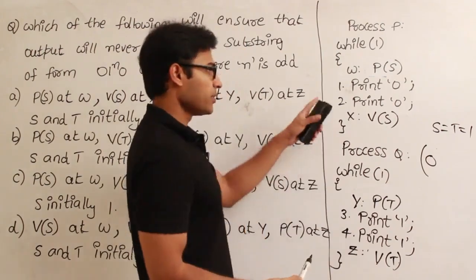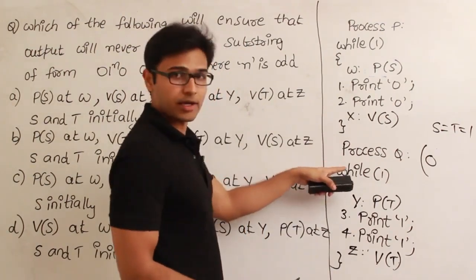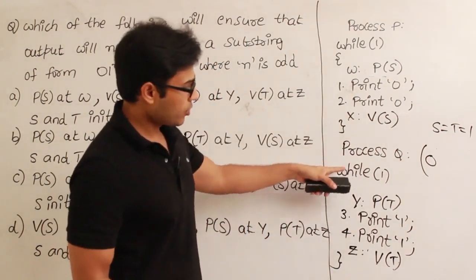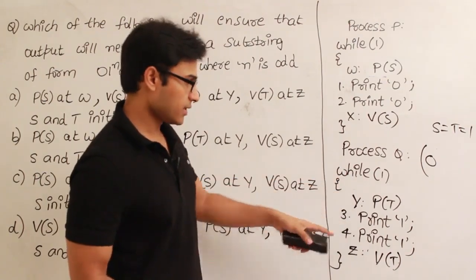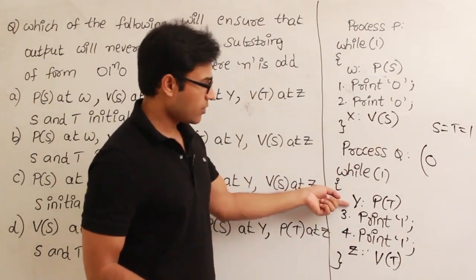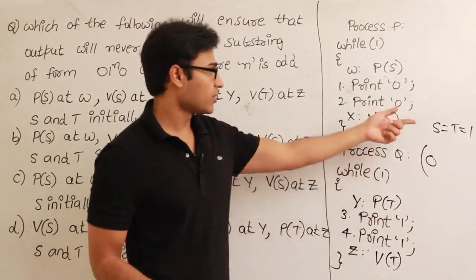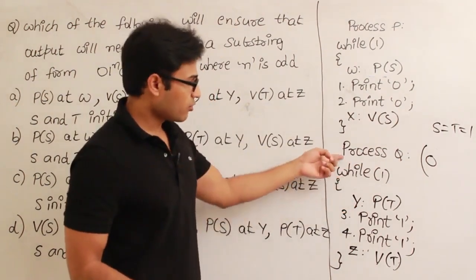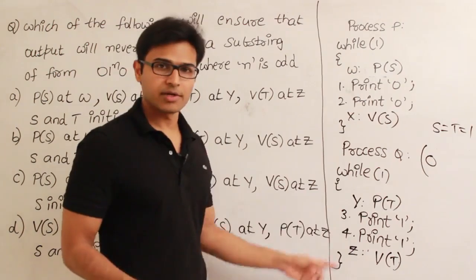Then it got preempted, and process Q came into execution and entered this printing loop. It performed down on T and it is successful because T is initially 1. Therefore process Q can also enter the printing section.